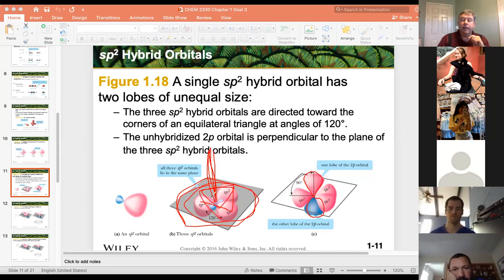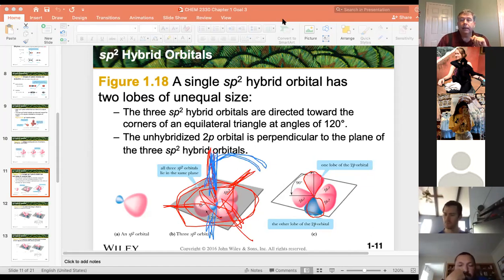So that means that we can bond something here in a sigma bond, we can bond something here in a sigma bond, we can bond something here in a sigma bond, but whatever happens with this p orbital above and below the plane has to be a pi bond, because it cannot be directly shared with this hybrid orbital.